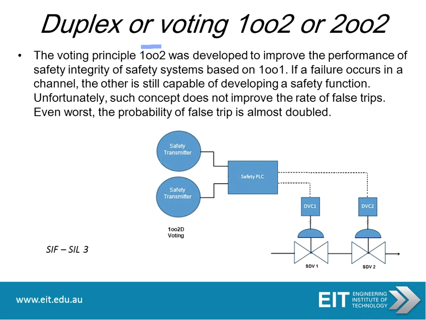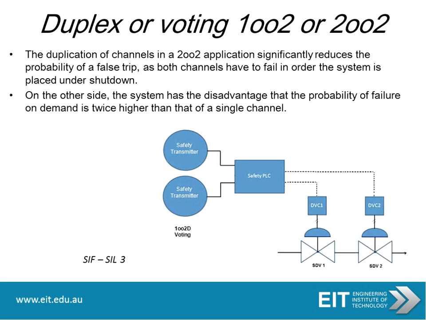The voting principle 1oo2 was developed to improve the safety integrity of your safety system based on 1oo1. If a failure occurs in a channel, the other one is still capable of performing the safety function. But this concept does not improve the rate of false trips. Even worse, it can increase the probability of false trips, where there's not really a fault condition.